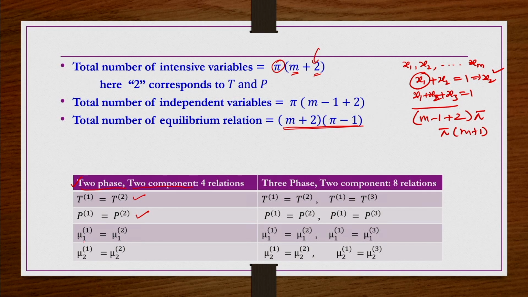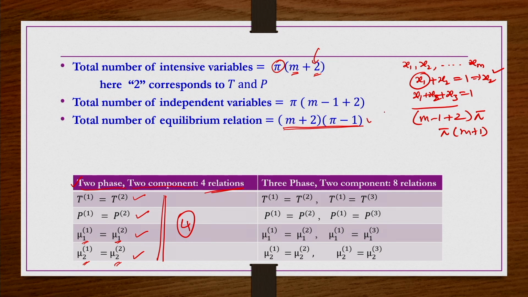So, chemical potential of component 1 in phase 1 should be equal to chemical potential of component 1 in phase 2, that is one relation. Similarly, for the second component also, chemical potential of the second component in phase 1 should be equal to chemical potential of the second component in phase 2. So, 4 relations are possible here.